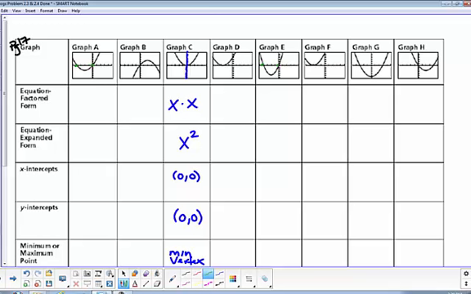So our factored form, which was given, is 2x times x plus 4. Our expanded form is 2x squared plus 8x. Our x-intercepts are 0, and negative 4 gives us 0. Our y-intercept is 0.